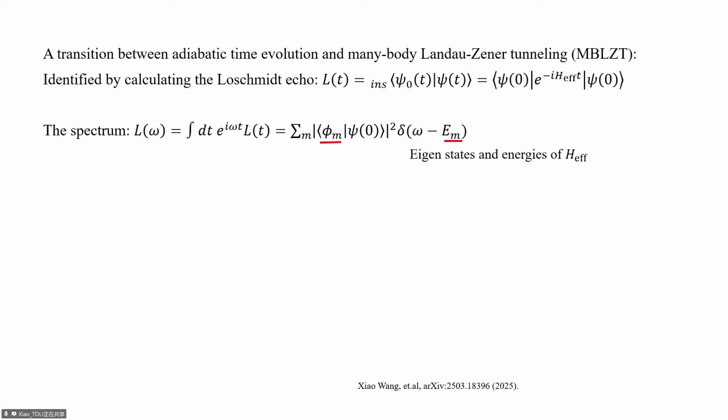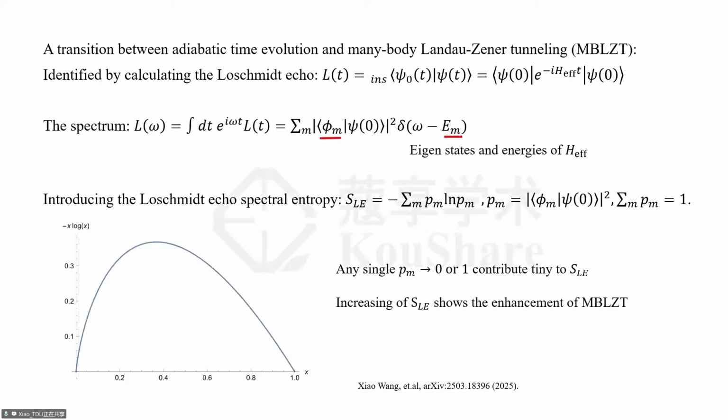In this case, we can introduce the so-called Loschmidt echo spectral entropy to count the strength of the many-body tunneling, taking the logarithm of the exponential, which gives you some linear behavior. If you have a very strong many-body tunneling process, then this Loschmidt echo spectral entropy will have a linear dependence on the system size.